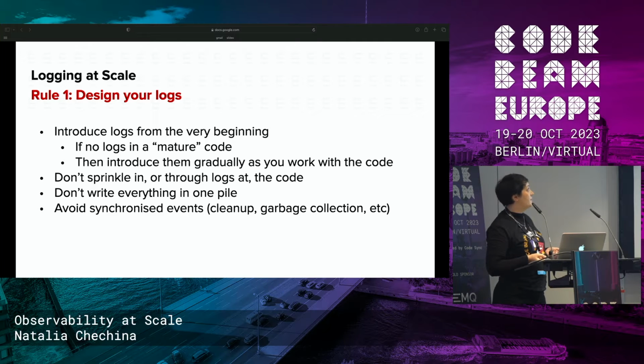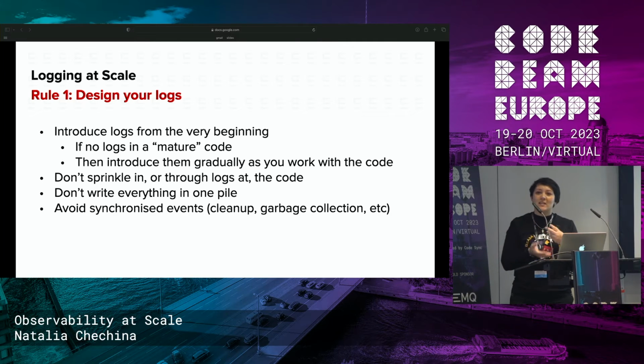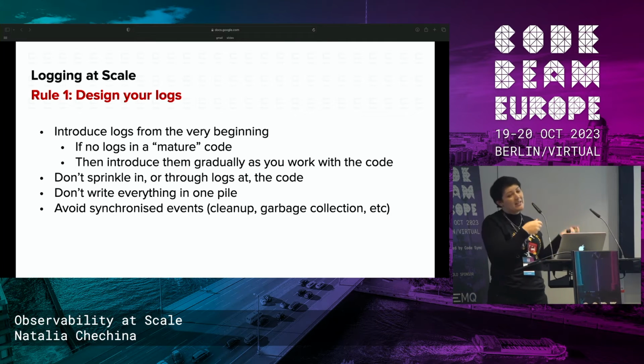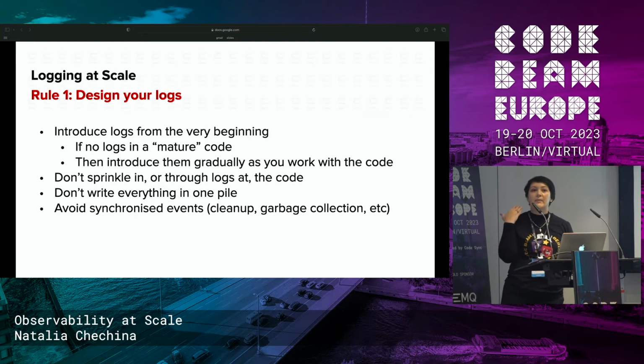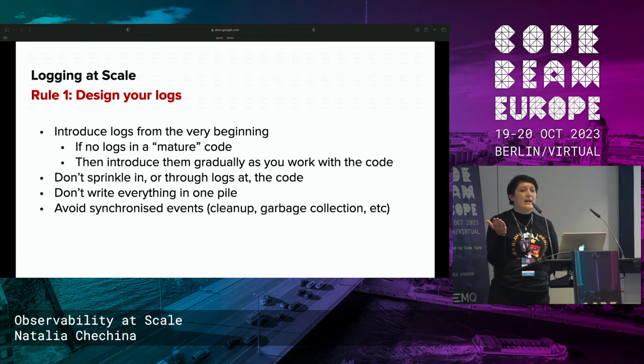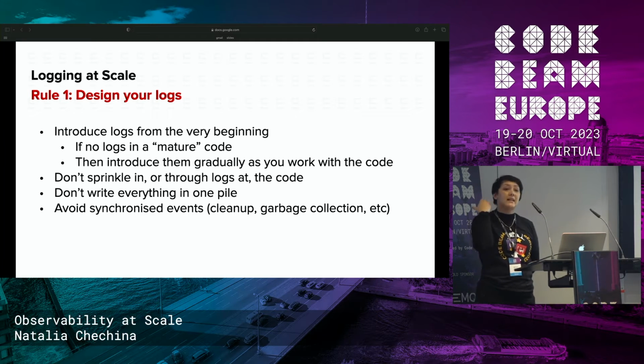So let's have some rules that were generated by my experience and the experience of my colleagues at Erlang Solutions, what we need to keep in mind when we think about logs. And the first thing is design your logs, right? Introduce them from the very beginning. And important thing again, don't sprinkle, design them, right?